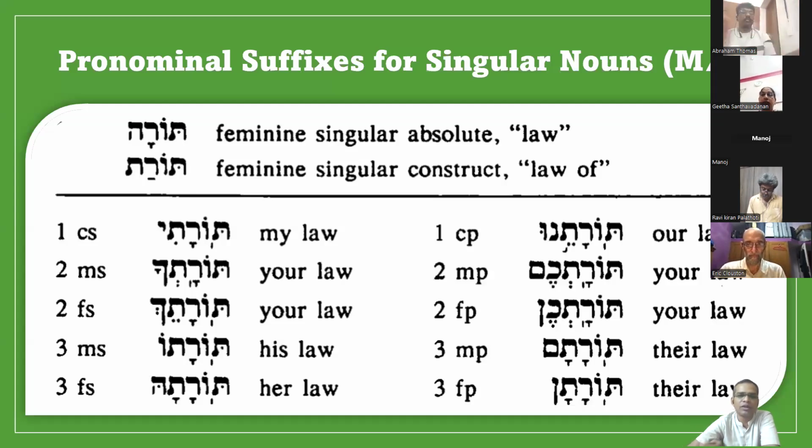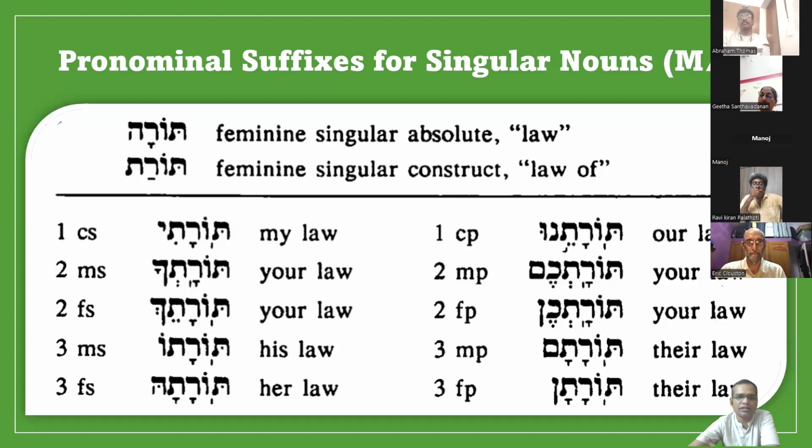Okay, friends. First, the absolute noun should be converted into the construct state noun. Then only the pronominal suffixes will be added. In this case, if you see, it is torati.